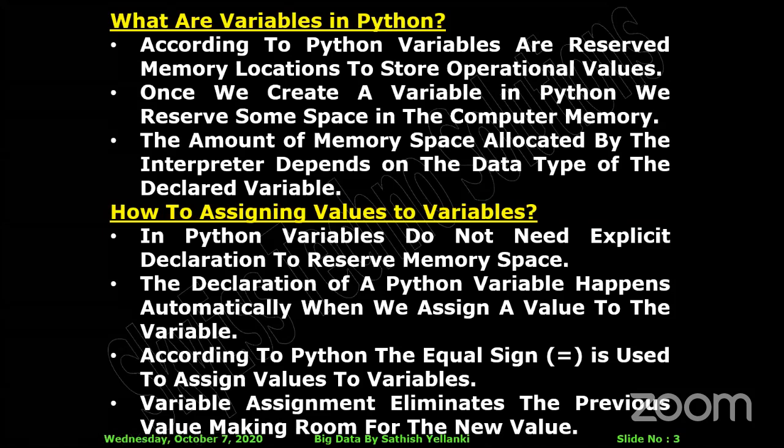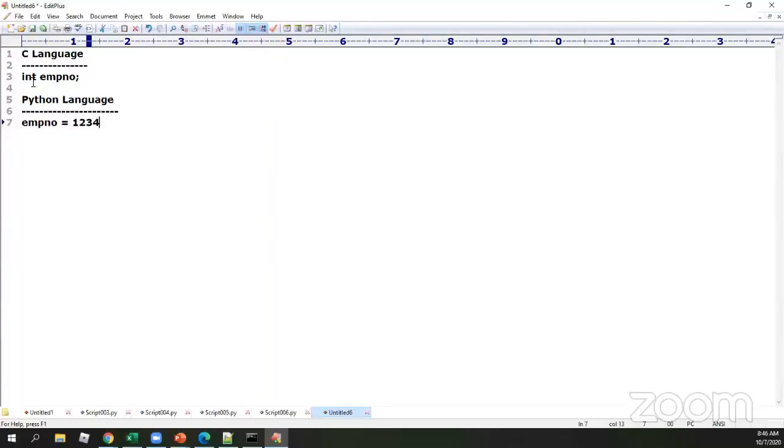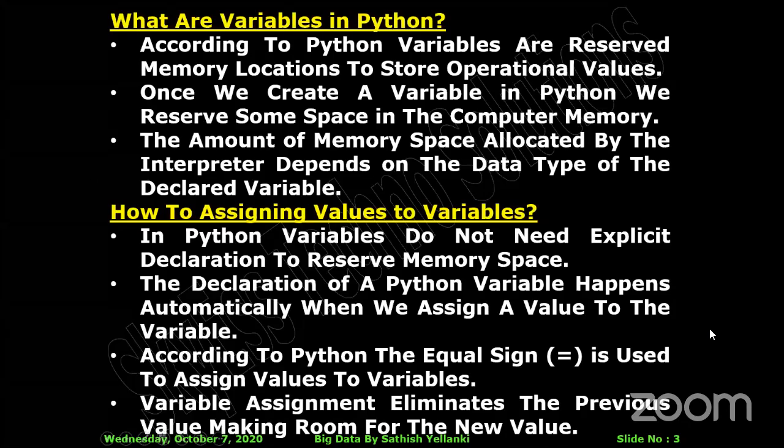In Python, variables do not need explicit declaration to reserve the memory space. Means in Python, we don't declare any data type for the sake of the variable at any point of time to tell how much memory space you need. In languages like C, we allocate the memory space by declaring the explicit data type. In Python, we always allocate the memory space by the value we assign. Am I clear with you?